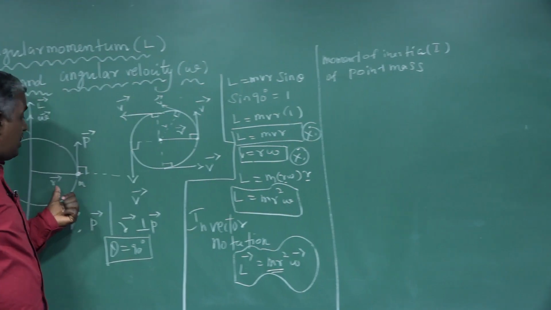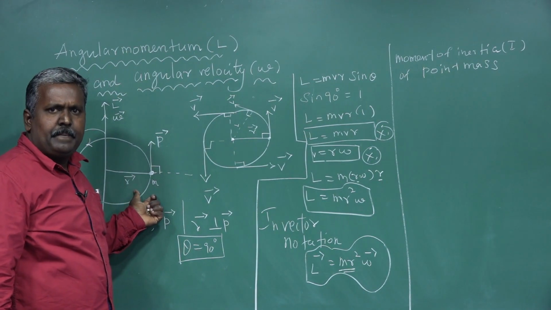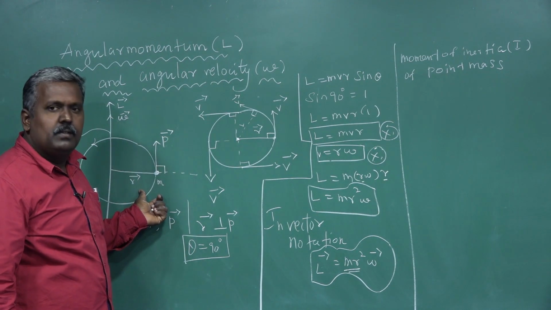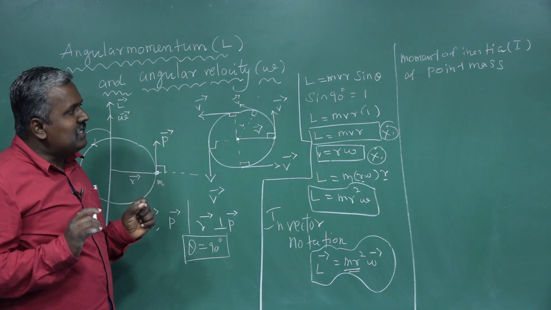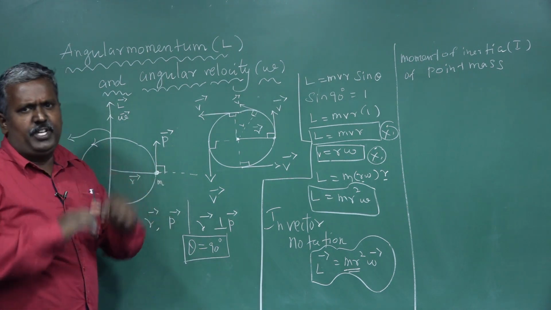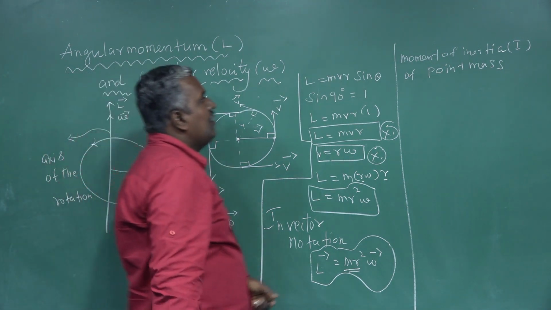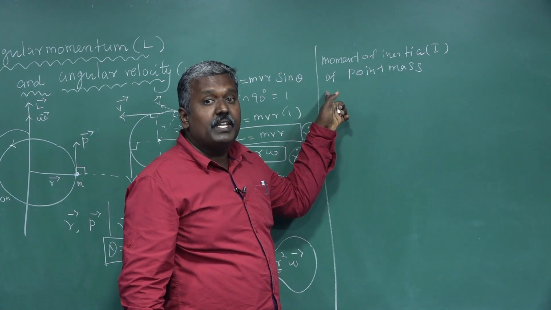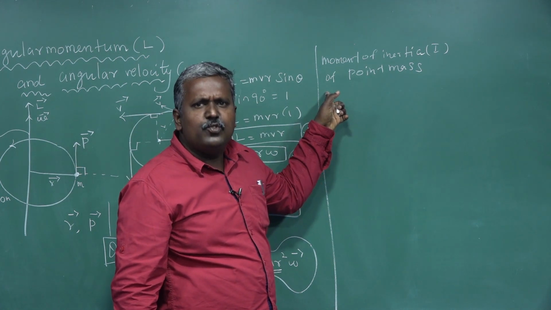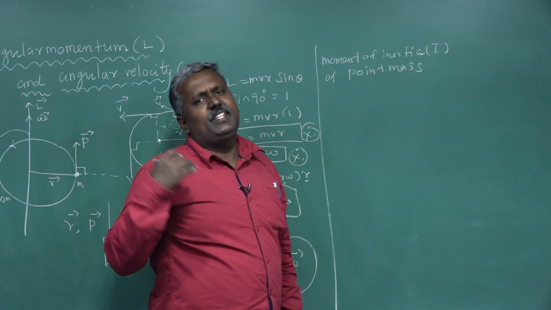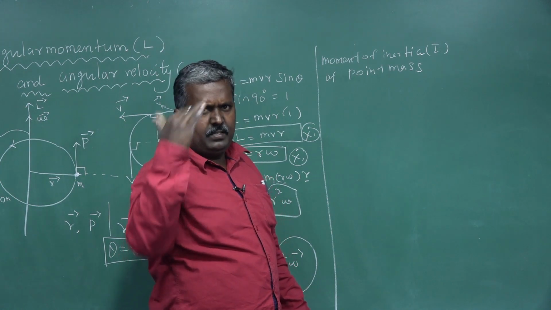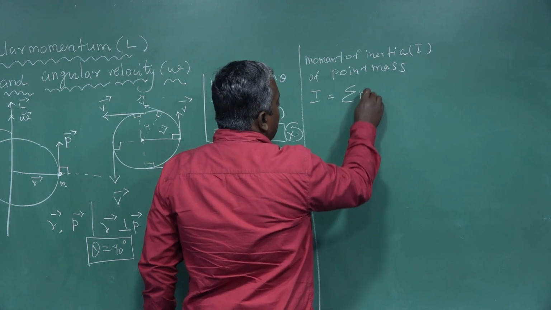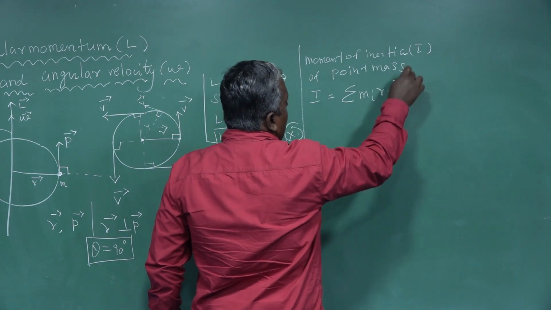But this rigid body is made up of so many point masses. So what is the moment of inertia of the rigid body? The moment of inertia of the rigid body is equal to the sum of the moments of inertia of the individual point masses in the rigid body. Therefore, I is equal to summation mi r square.